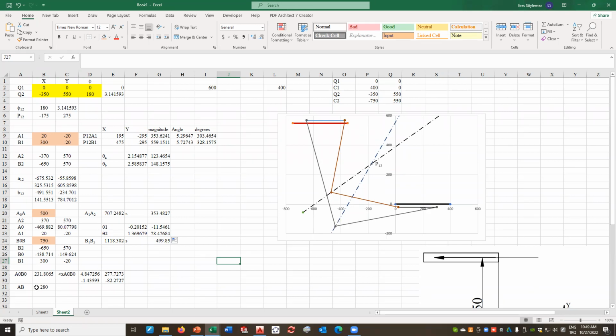I have A0, B0 making an angle of 277 degrees. I want you to think, how can I determine the four-bar mechanism? Now I have completed the synthesis portion. Now I have to analyze my mechanism.